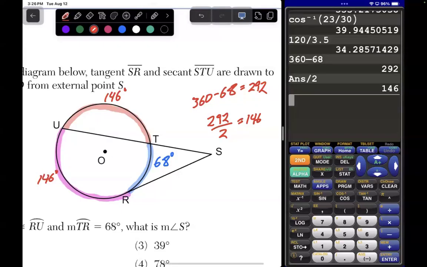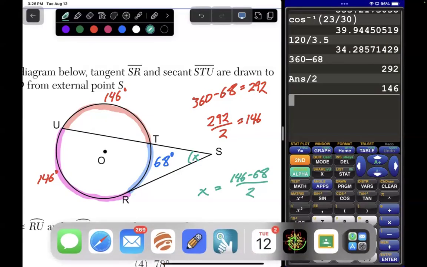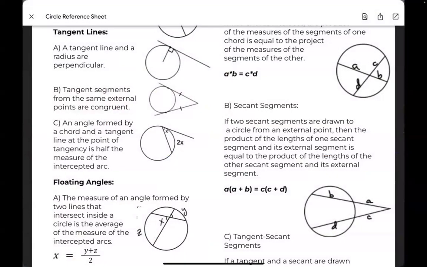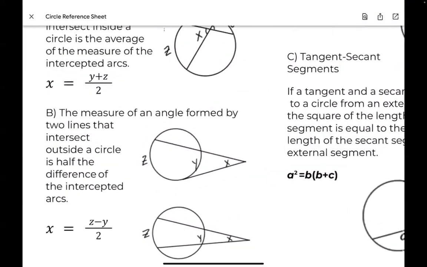So the angle on the outside, call that x, is going to equal the difference of those arcs divided by 2. So x is going to equal 146 minus 68 over 2. That's, again, right here in this reference sheet down here.